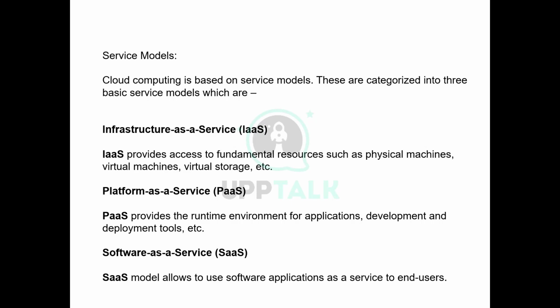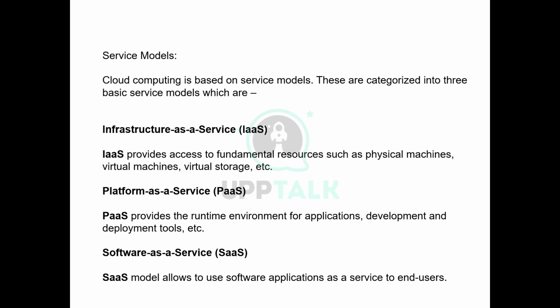Next we have platform as a service. PaaS provides the runtime environment for application development and development tools. In IaaS we manage application, data, runtime, middleware, and operating systems, and we just get the server, storage, and networking from the cloud service provider.